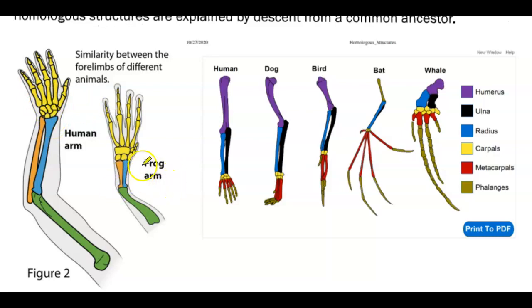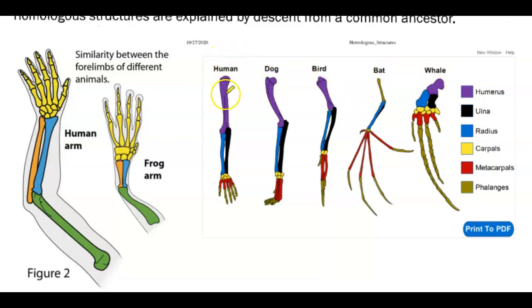Now, a frog is an amphibian and spends most of its time in water. It has the exact same bones in the exact same places. The sizes are a little different, right? Our ulna and radius here are longer, but you can tell they're obviously the same bones in the same order, in the same places. And here's another picture comparing a human, a dog, a bird, a bat, and a whale.